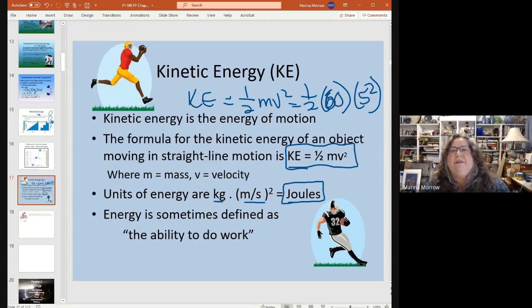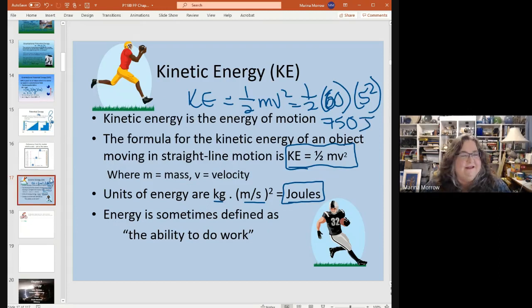Okay, so pretty easy to throw things into the formula. You don't have to worry about mass versus weight. You definitely want to use mass in this formula. And so 5 squared is 25. 1/2 of 60 is 30. So what would I end up with? I'd end up with 30 times 25, and so that would be 750 joules.